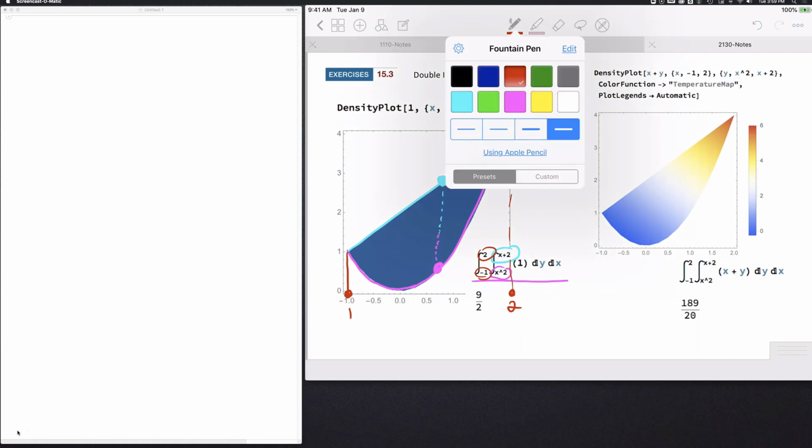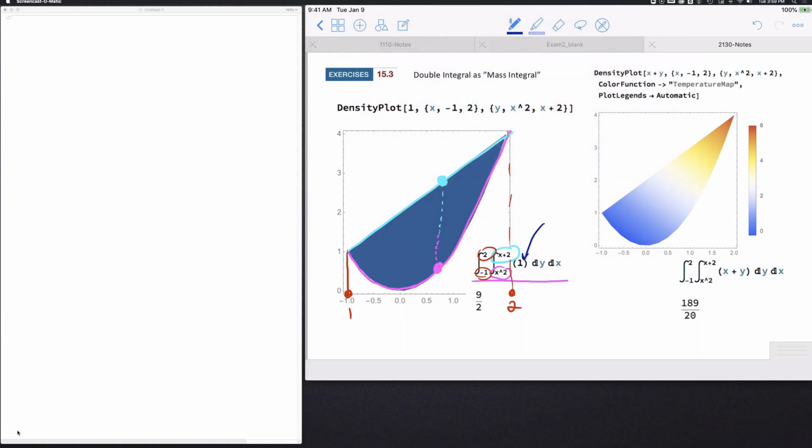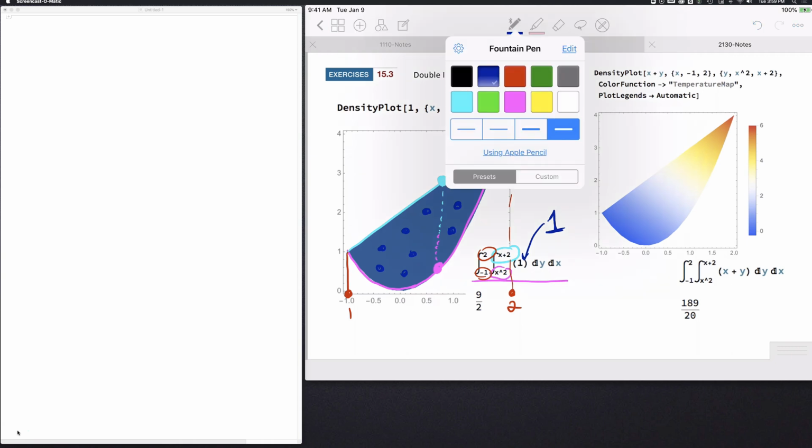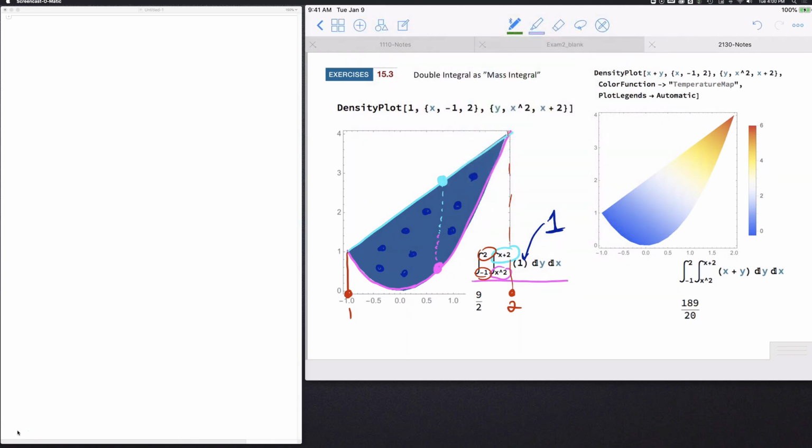In this picture I've shown 1 as blue. At every point of this region it's the same blue color, which means each blue point is at the same height, a height of 1. In this other problem we see a slight change: now we have the function f of x, y equal to x plus y.